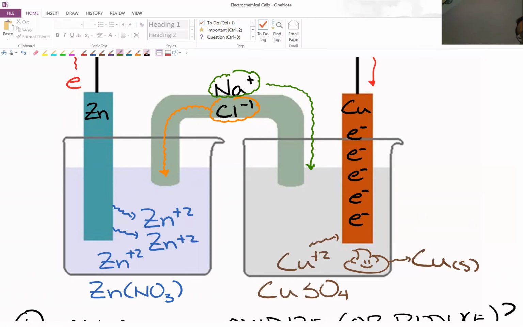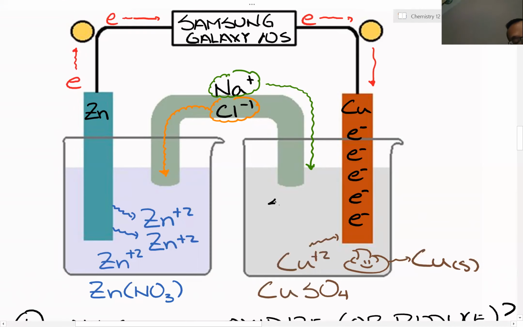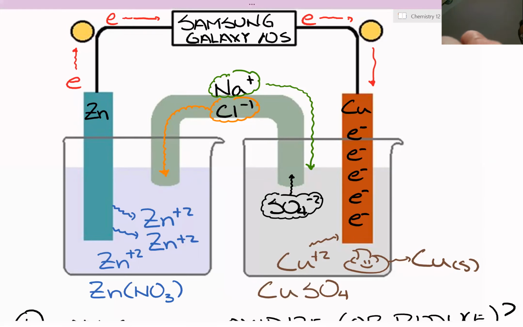You have to remember, in the copper solution, there's SO4 2-. And it will start to flow into the salt bridge. As the chlorine concentration goes down, the SO4 will start flowing into the salt bridge to help neutralize the charge. And conversely, as the sodium ion concentration decreases in the salt bridge, the zinc has to flow in as well. Okay? Something for you to be aware of.